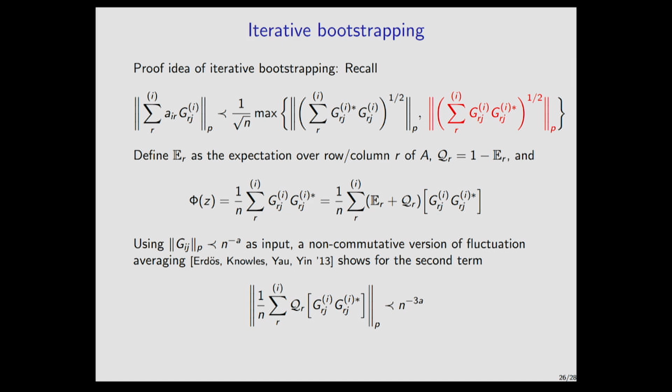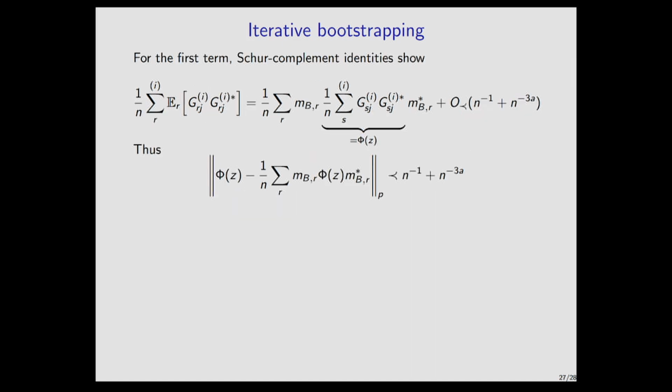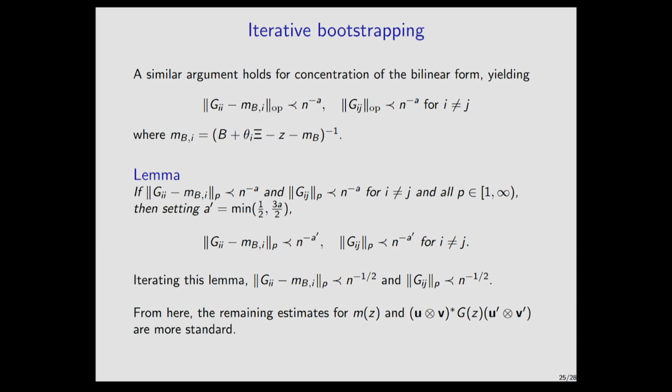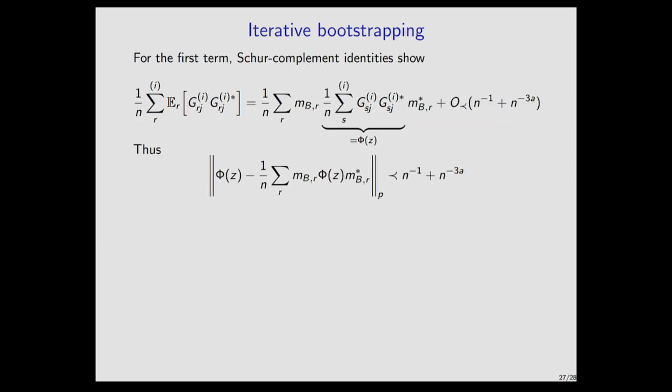Now for the first term here, this mean term, we can use a Schur complement identity to do a resolvent expansion of these terms. And after doing a little bit of algebra, what we get back is this M_BR. Sorry, I should maybe explain. M_BR was the approximation for the diagonal blocks of the resolvent. You get back this thing that's 1 over n times the sum, M_BR star.